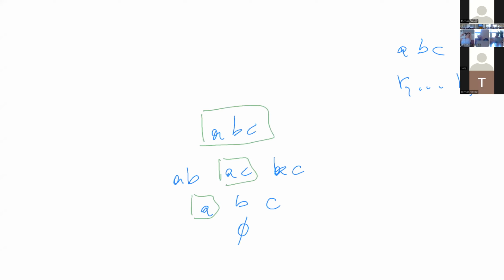Then we can look at all the subsets of this system: empty set, A, B, C, AB, AC, BC, and ABC. These are all the subsets, and we can mark, let's say in green, those that are organizations. For example, these 3.